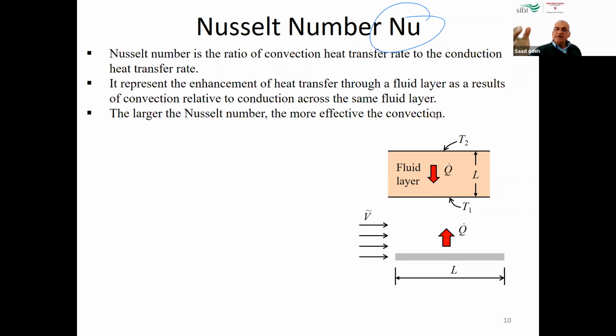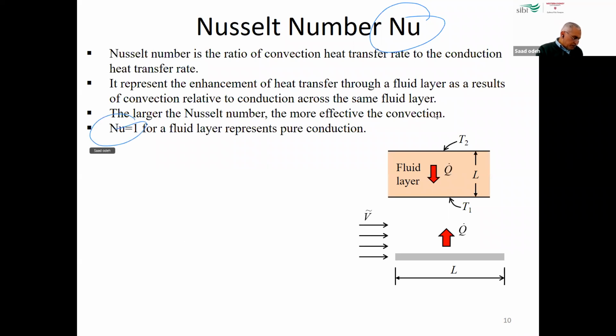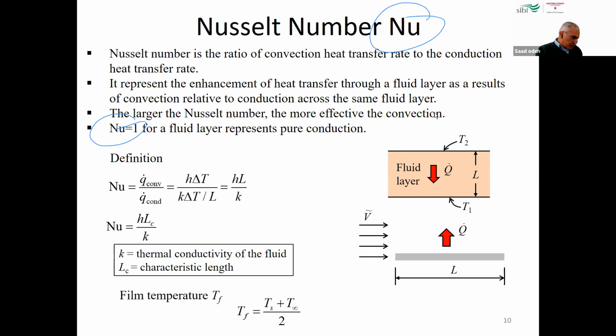So if we have a higher Nusselt number, it means we have more convection, which is correct because this is the ratio of convection to conduction. If the Nusselt number is 1, then we have pure conduction, which is not the case here. Our case is convection.